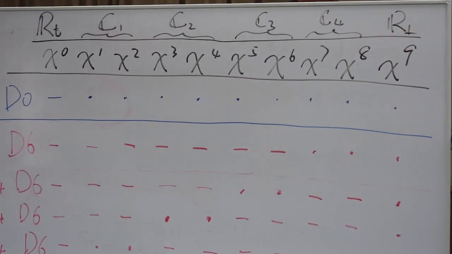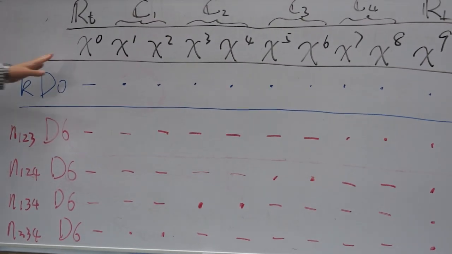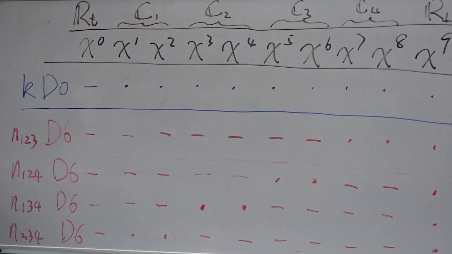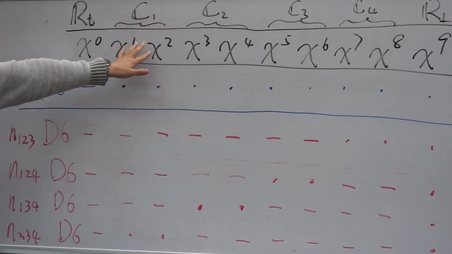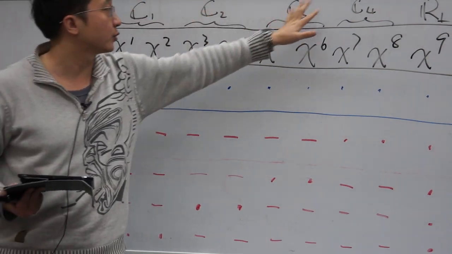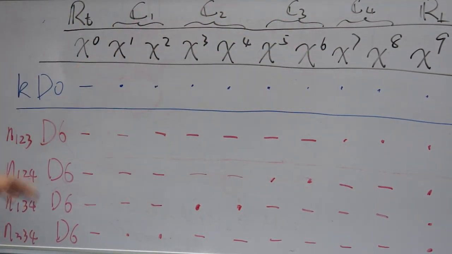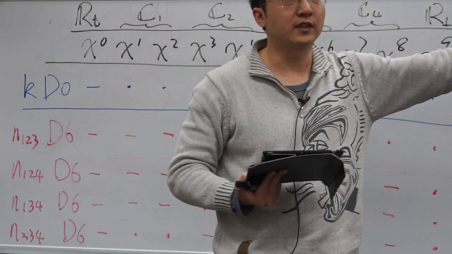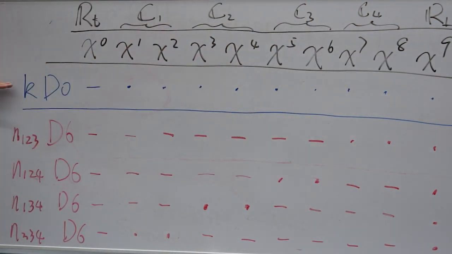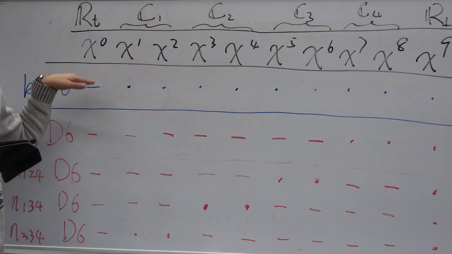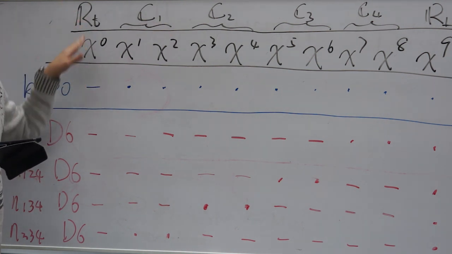Since we are working in 10-dimensional string theory, we start with the directions x0 to x9. For simplicity, I group the x1, x2 directions into a complex plane, which I call C1, and similarly C2, C3, C4. So I have four complex planes, which make up the C4 where all the D6 branes live. Then I start with k D0 branes, which are supported only on the x0 direction, which is my time direction here.